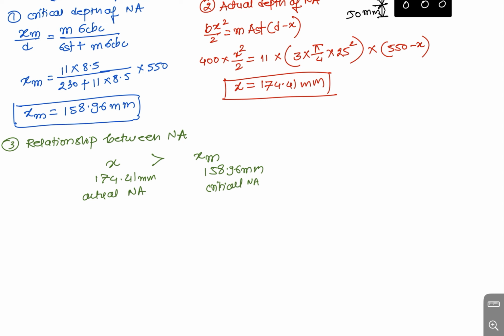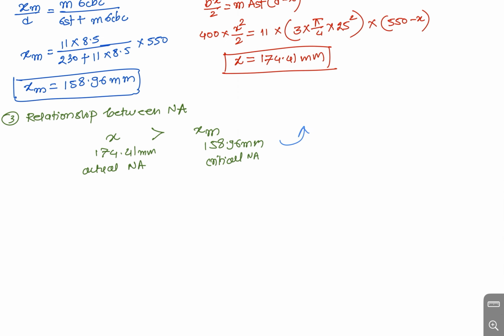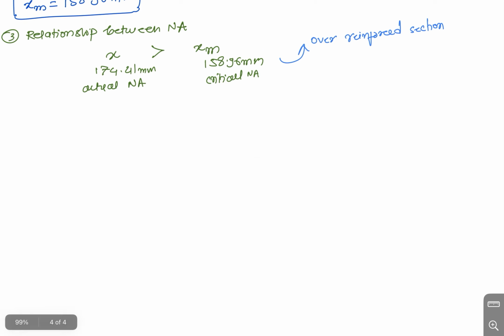This scenario we call an over reinforced section. For the over reinforced section we have x greater than xm, which means fcbc is equal to sigma cbc, and it means fst is less than sigma st.